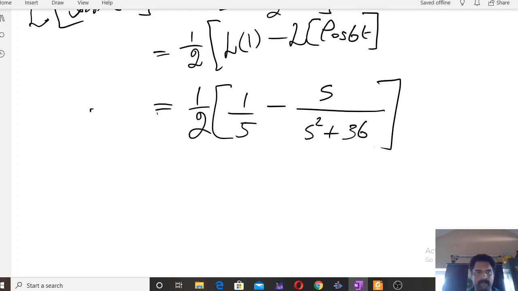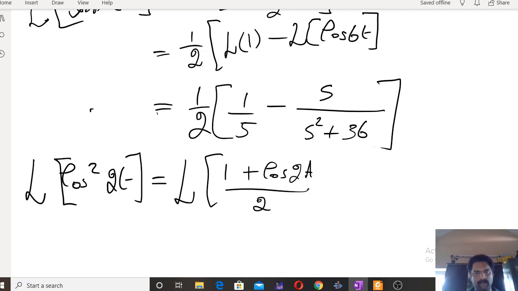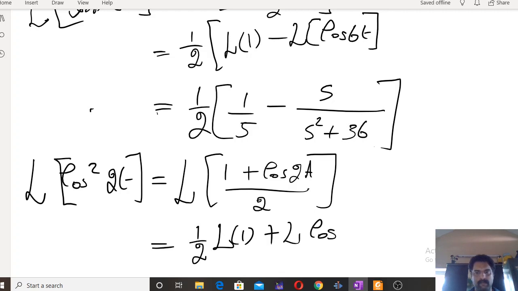So if we are looking for the Laplace transform of cos square 2t, this is equal to the Laplace transform of (1 plus cos 2a) divided by 2. You should remember all these fundamental trigonometric relations. This is equal to 1 by 2 into the Laplace transform of 1 plus the Laplace transform of cos 2 into 2t.